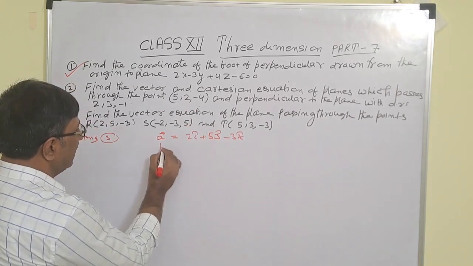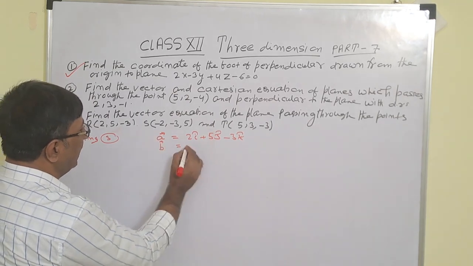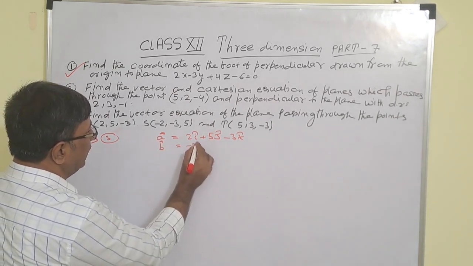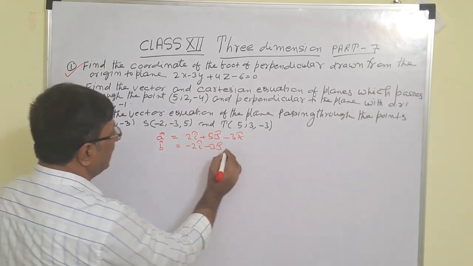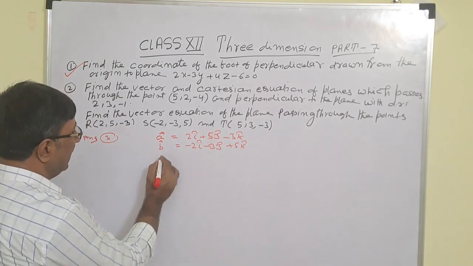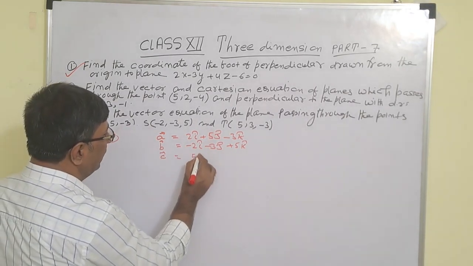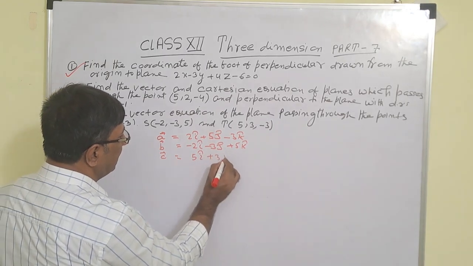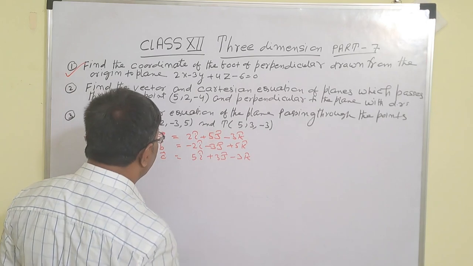In the same way, b vector equals minus 2 unit vector i minus 3 unit vector j plus 5 unit vector k. In the same way, c vector will be 5 unit vector i plus 3 unit vector j minus 3 unit vector k.